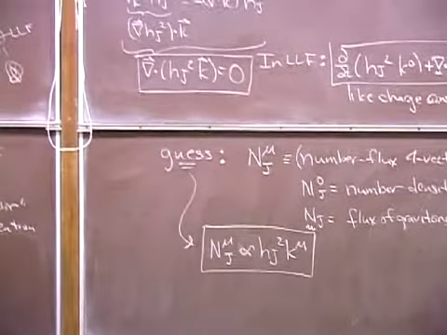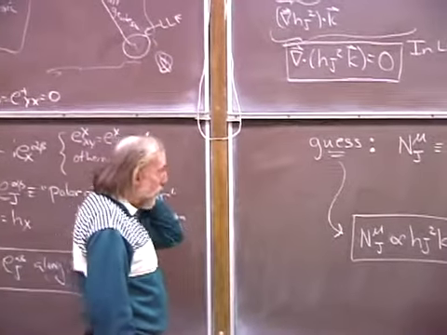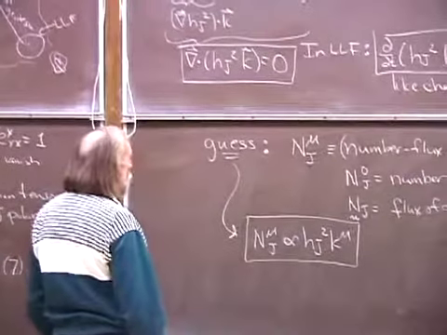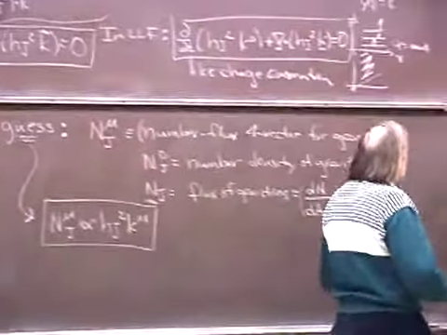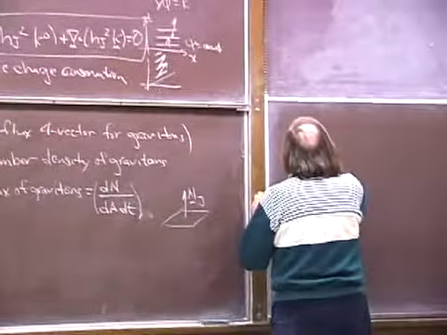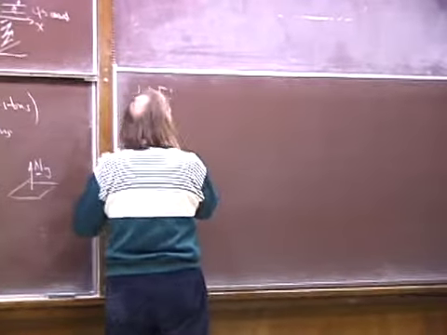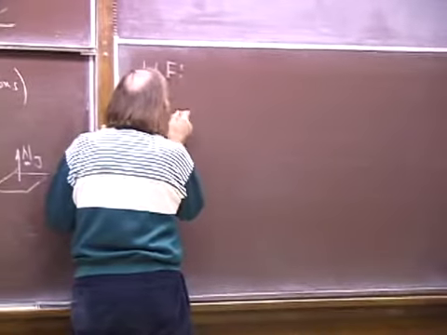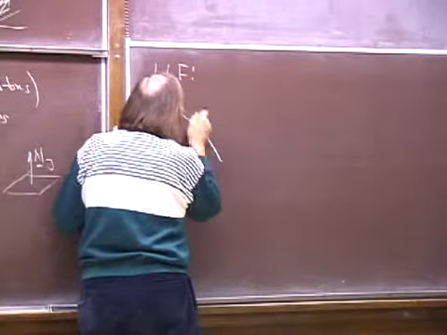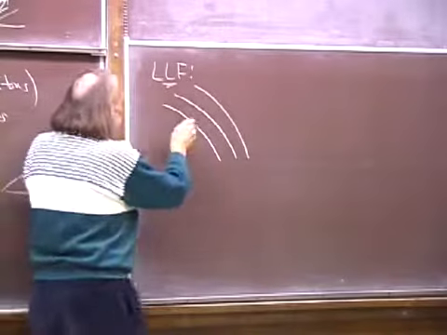Another way to think about it is in terms of radii of curvature of phase fronts as seen in a local Lorentz frame. So if I have my waves propagating through a local Lorentz frame, and I look at the phase fronts, and so the waves are propagating like this.